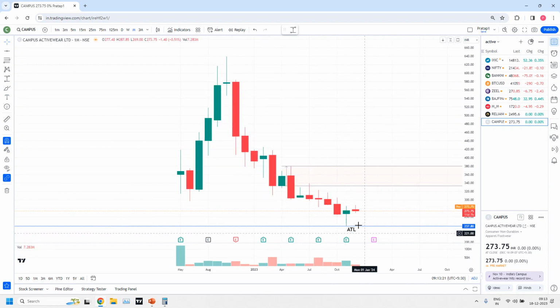Okay, because there is no demand zone, we are having only the supply zone. What you have to draw? You have to draw the line from all-time low to the distal line of the supply zone. That is the range. That range you have to divide into two parts.